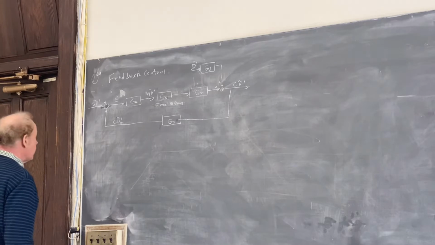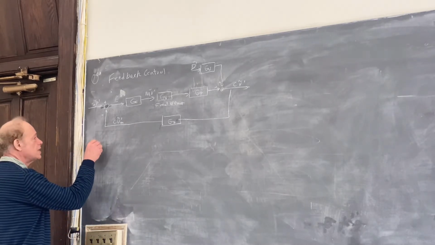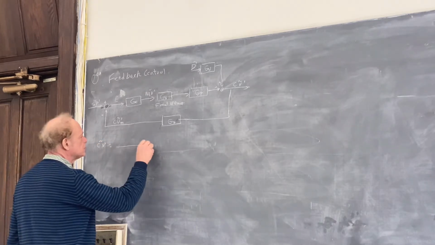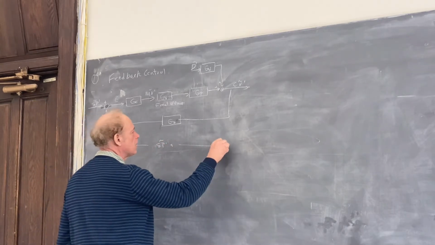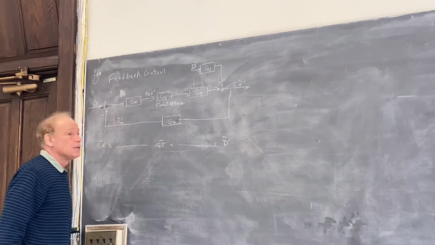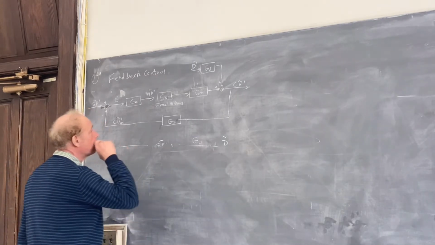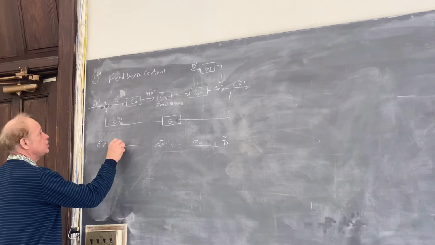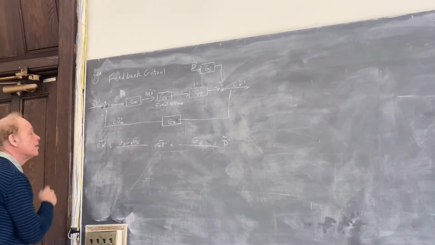And we had a result which said that CV prime tilde was equal to something times SP prime tilde plus something times D prime tilde. And here I had a GD, and here I had a GP, GV, GC.